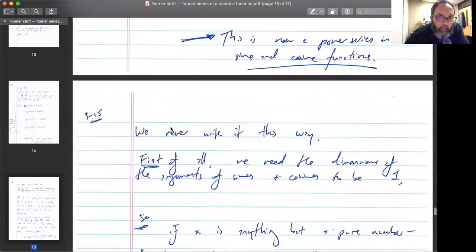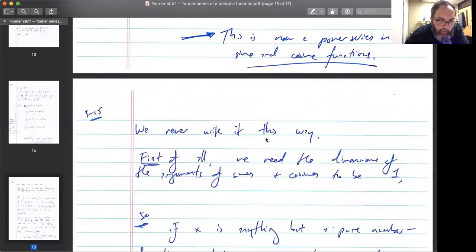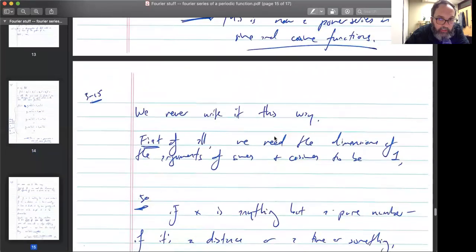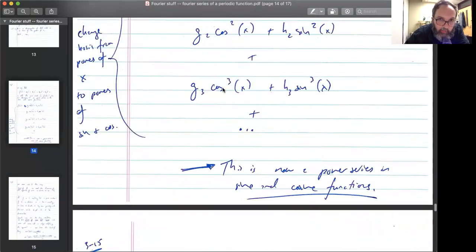Okay. We never write this that way. We don't write it as cosine cubed. What we do instead is we fiddle. What the heck did I write here? We need the dimensions of the arguments of the sines and cosines to be 1. So this is a mathematical function. At this point in our careers, we give mathematical functions dimensionless quantities.